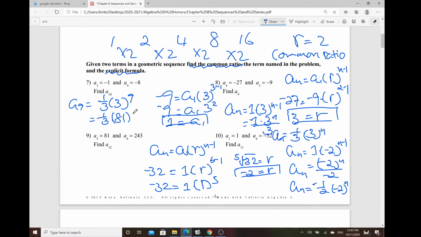It's going to be a huge number. You can do that on the calculator and find out exactly what that is. Okay, 3 to the power of 9, so let's see what that is. 81 times 81 times 81.